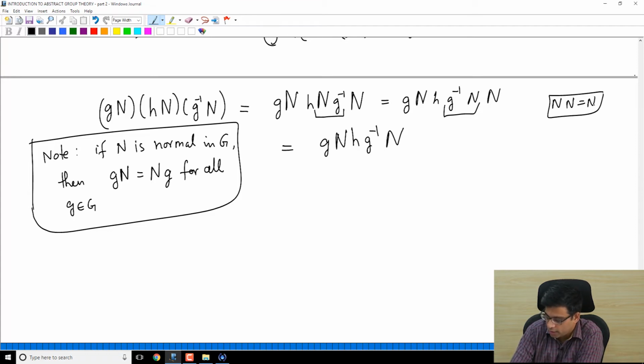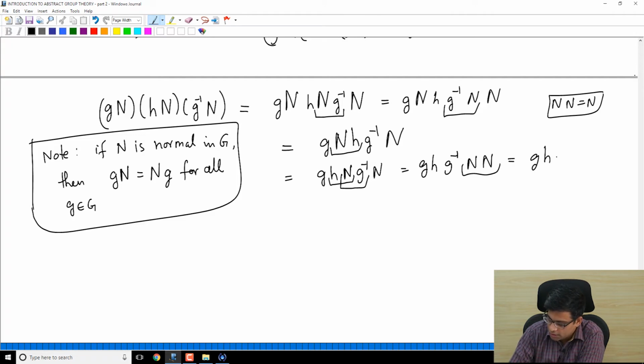This is a property of left cosets. If you take the product of subgroups, n times n is n. So this is n. But now I can, using the same property that Gn is equal to Ng, pull h and g on this side. So this will be GH n G inverse n, which is the same as, so I am interchanging n and h here. Now I will do n G inverse. So GH G inverse n n, which is of course again GH G inverse n.